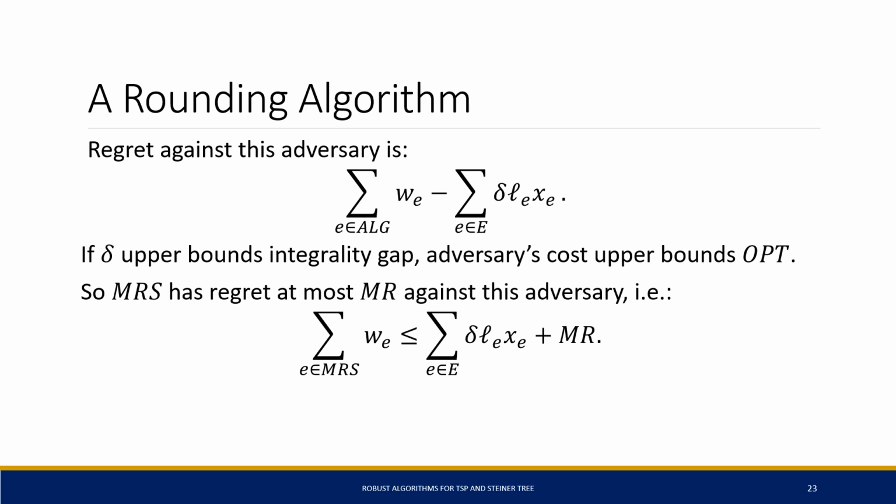So in turn, this means that the minimum regret solution has at most regret mr against this adversary. And so this expression for the minimum regret solution is at most mr, which means that the weight of the minimum regret solution using weights w_e is at most this expression here. So this gives us an upper bound on the optimum for the graph with weights w_e.